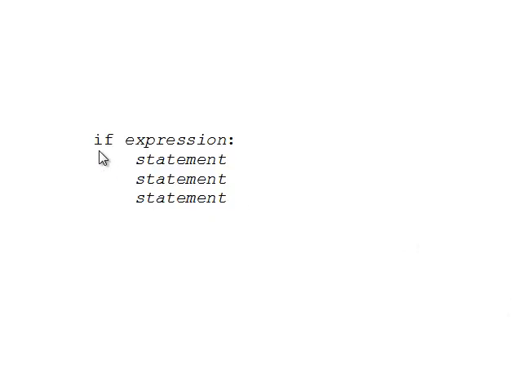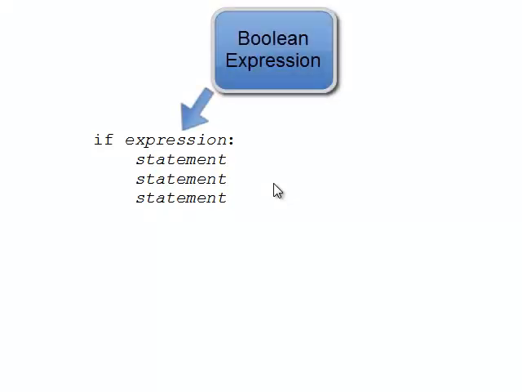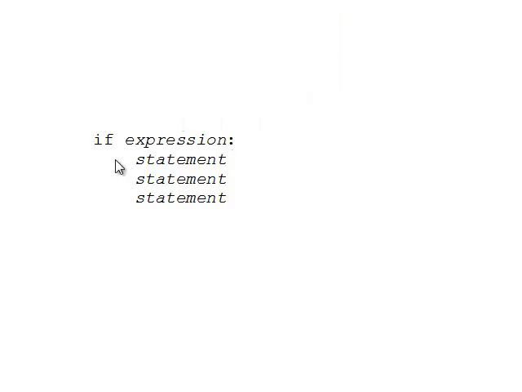It starts with the word if, followed by an expression that can be evaluated as true or false. Now, an expression that can be true or false is called a Boolean expression. And following the Boolean expression is a colon.